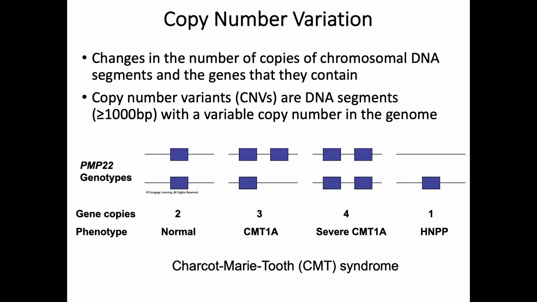Here, the picture shows the relationship between copy number variations, or CNV, in the PMP22 gene and the symptoms of this disease called Charcot-Marie-Tooth syndrome, a progressive nerve disease.